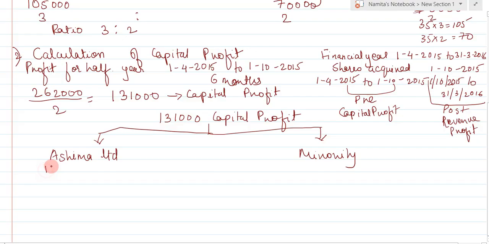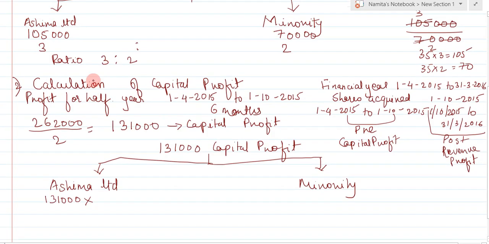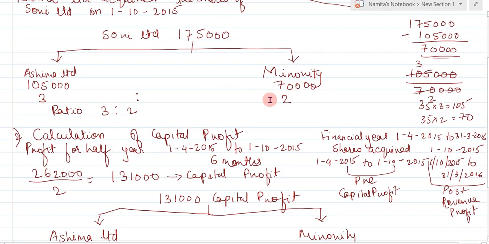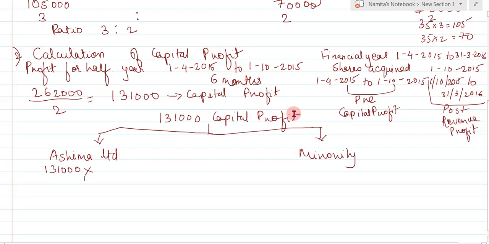So capital profit 1,31,000 multiplied by the ratio: Anshima Limited is 3 and minority is 2. So the share of Anshima Limited in capital profit will be 3/5, where 5 is 3 plus 2. And for minority interest, 1,31,000 multiplied by 2 divided by 5.